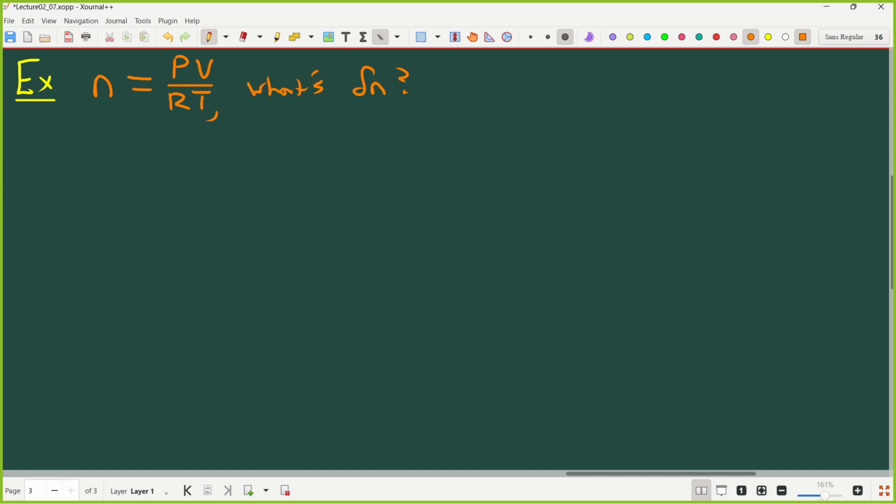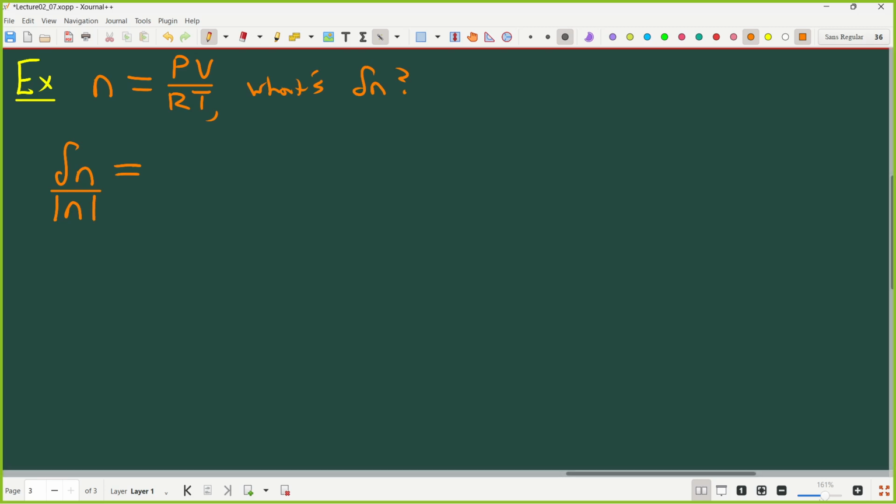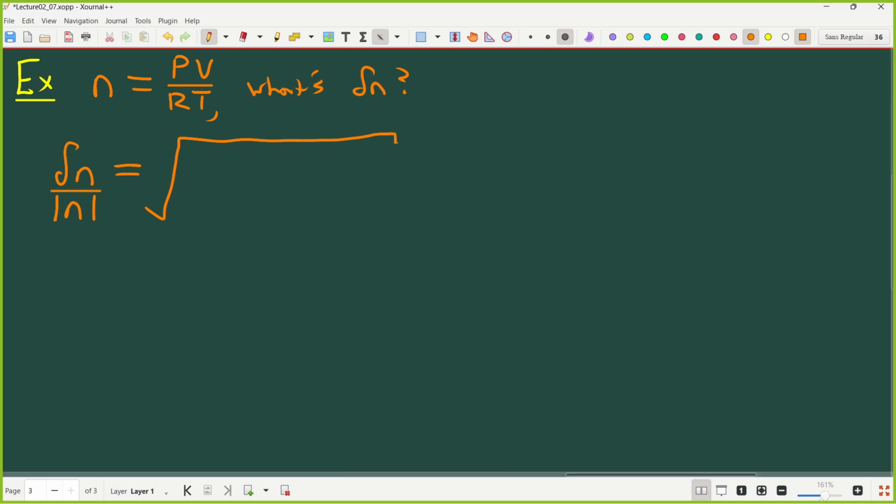So delta n, right? We're just going to use the multiplication equation. Delta n over the value that you measure for n. Of course, n is always positive, so I don't really need to write the absolute value, but just to be safe, is going to be the square root of the sum of the squares of the fractional errors of the variables.